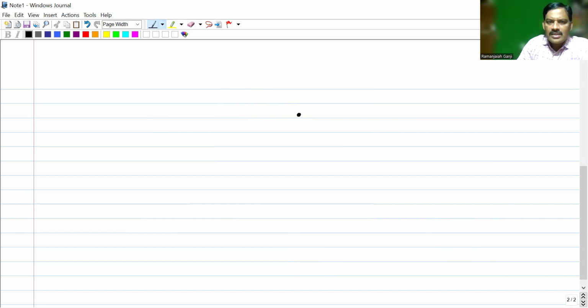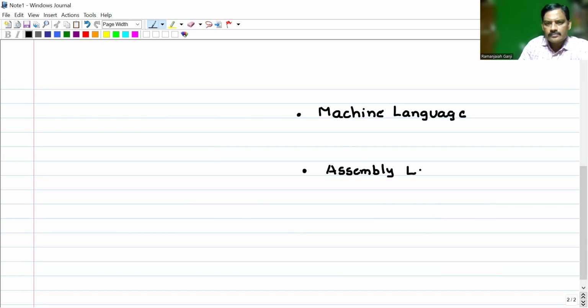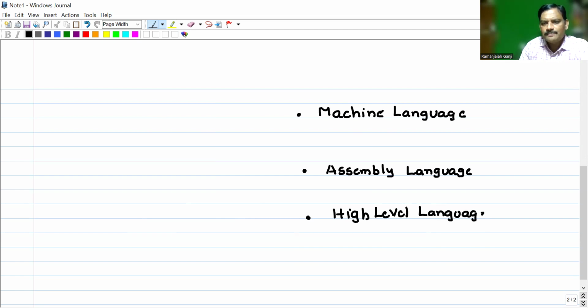There are three types of languages: machine language, second one is assembly language, third one is high level language. There are three categories of programming languages.